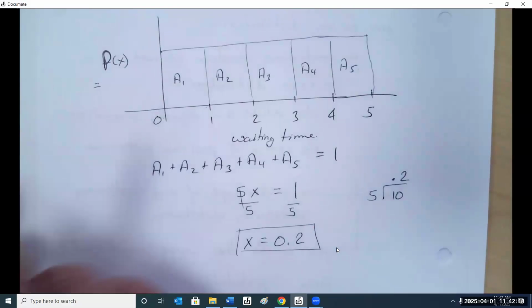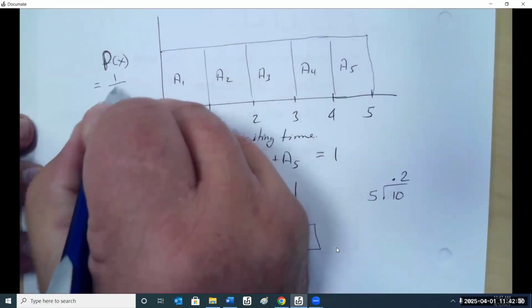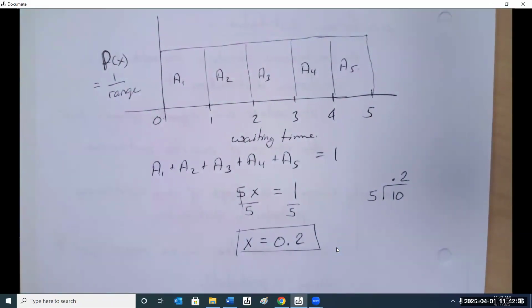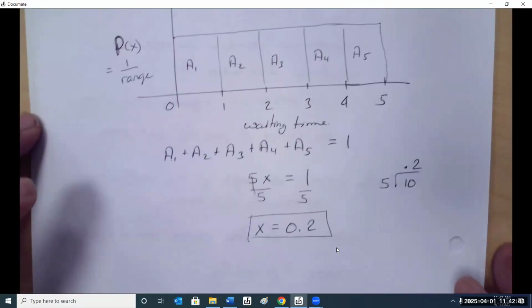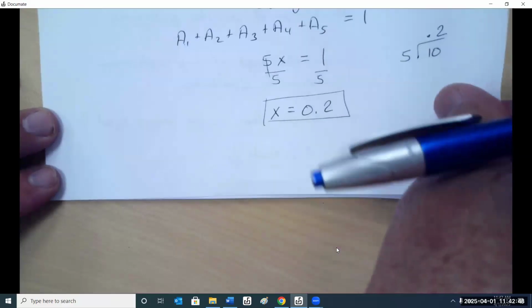What is the formula for p of x? What is the formula for each of these probabilities? 1 over the range. Okay, so we have this. So the area of each one is 0.2.